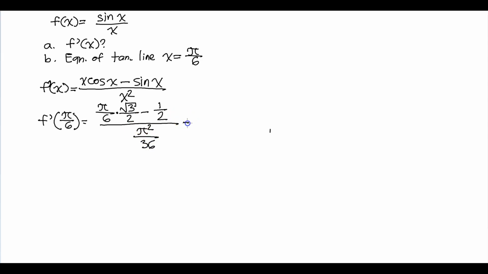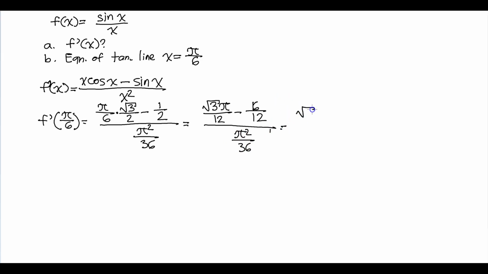Good. So if we were to simplify this, you would get root 3 pi over 12 minus 1/2, which I can rewrite as 6 over 12, over pi squared over 36.